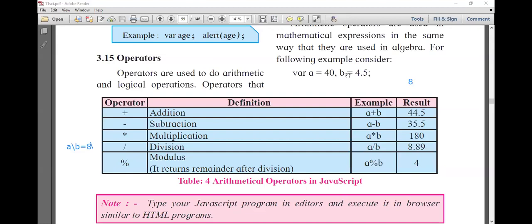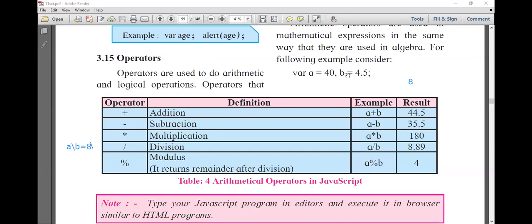Whatever remainder comes, that is the answer of the modulus operator. These types of operators are used in each and every programming language. We use plus for addition, minus for subtraction, star for multiplication, slash for division, and the percentage sign for the mod operator, to find the remainder.